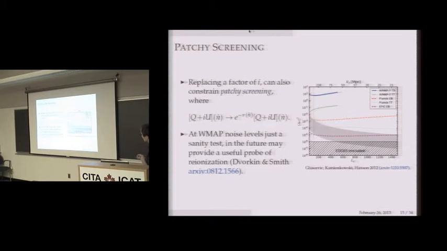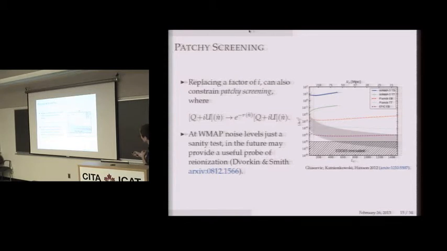And you can construct a model of reionization, where you have bubbles of some radius and an amplitude. And in this amplitude-radius plane, you can start to place constraints on the reionization history. WMAP does not have noise that's low enough to tell you anything interesting.